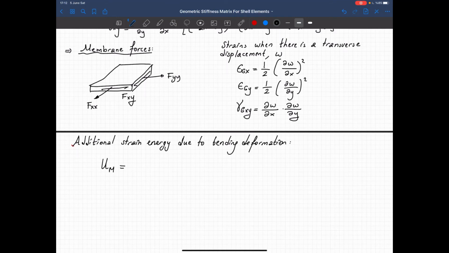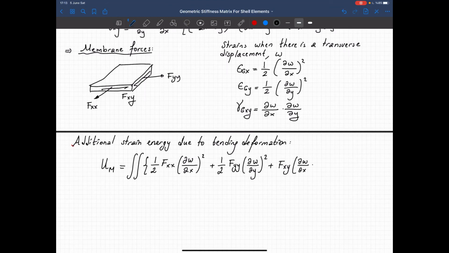UM will be equal to, now I'm integrating over the area, 1 over 2, the force is Fxx, so instead of P we have Fxx here, and del W over del X squared, plus 1 over 2 Fyy multiplied by del W over del Y squared, plus the shear force Fxy multiplied by del W over del X times del W over del Y. And you have to integrate this over the area. Let's call this one equation star.